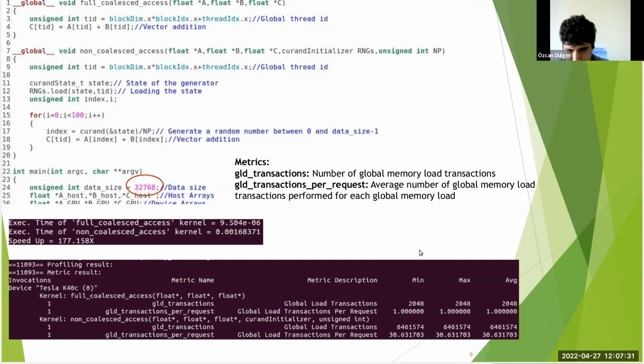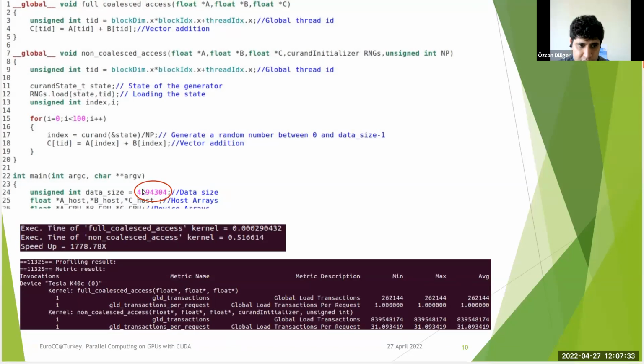Okay, sorry. Now we set the data size to 2^22, so around 4 million. The execution time of full coalesced access is 0.00029 seconds, and the execution time of non-coalesced access is 0.51 seconds.